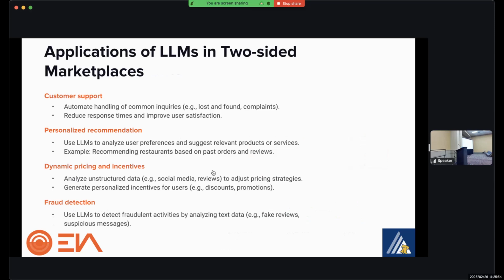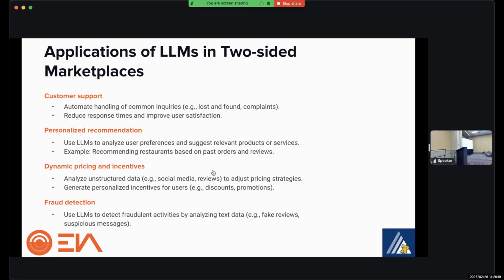There are already a lot of applications of large language models specifically for two-sided marketplaces. First of all, we mentioned customer support. LLM-based agents can automate the handling of common inquiries, like, for example, lost and found, or customer complaints about their rides.